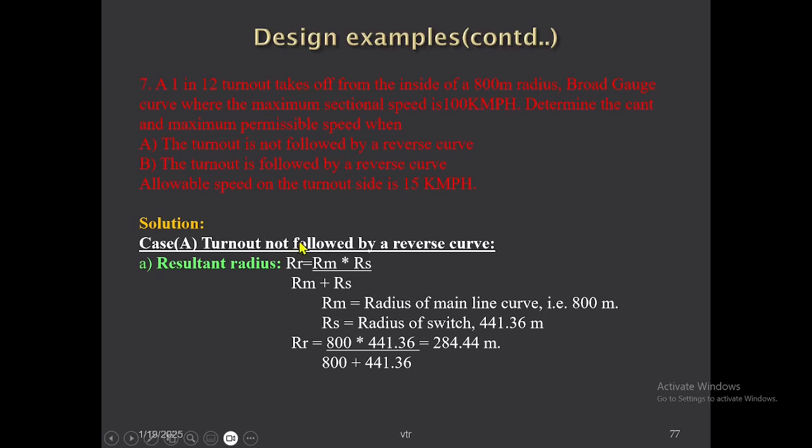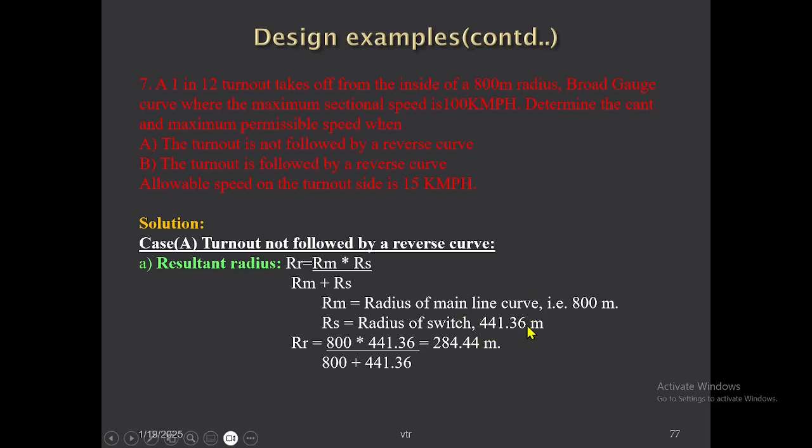Here, as already discussed, we have to find out the resultant radius. So that is RR equal to (Rm into R) divided by (Rm plus R). Using the relation, we have to find out the resultant radius. Okay, so because of flexing inside, the radius will become sharper. The radius of the 1 in 12 turnout is 441.36.